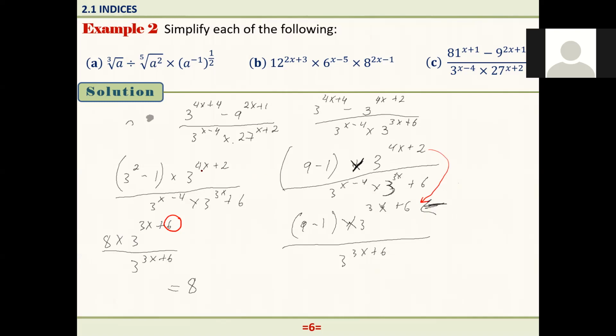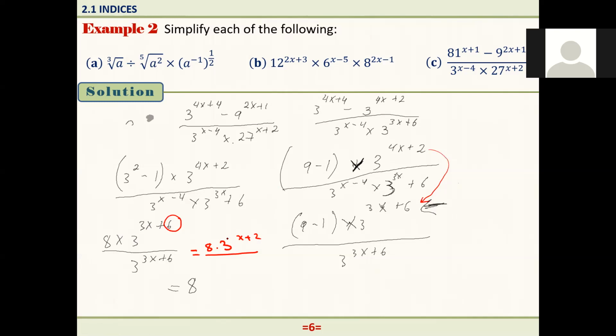Because here we have 3 to the power of 4x plus 2. So it should be 8 times 3 to the power 3x plus 2. So here we have, is it 3? 4x? No, it is 4, right? So it should be 4. Okay, this should be 4.